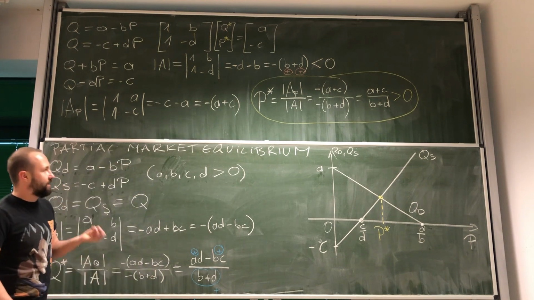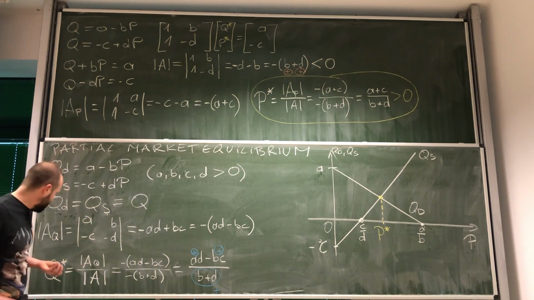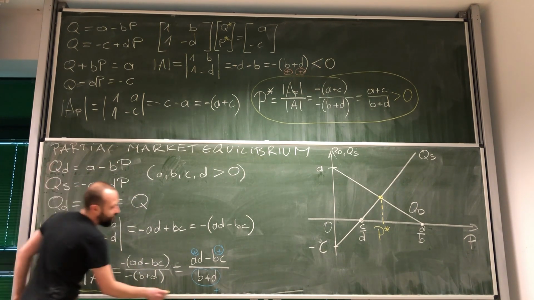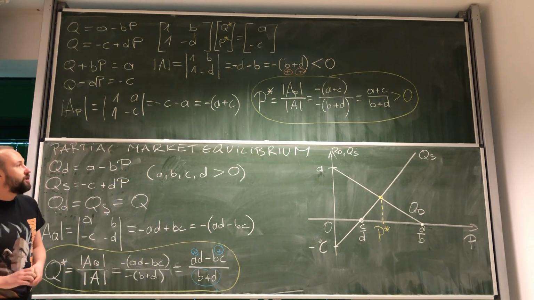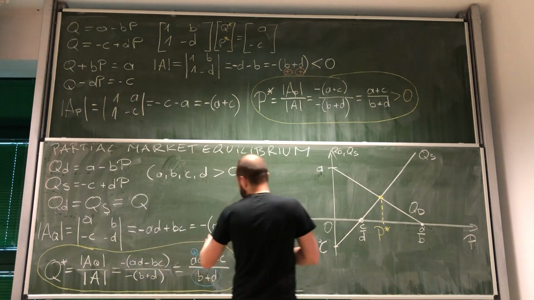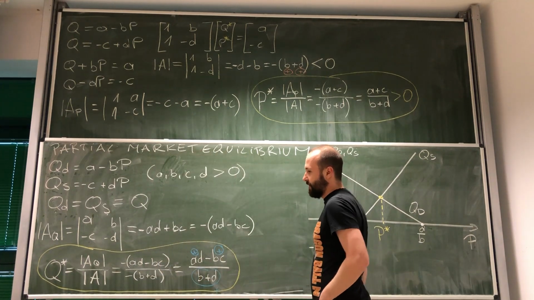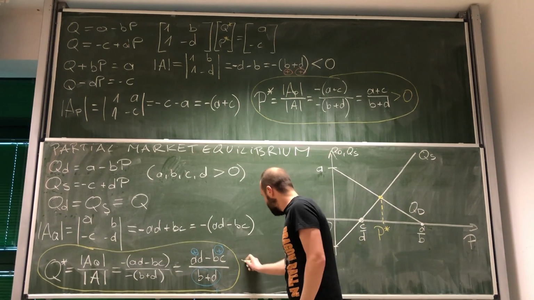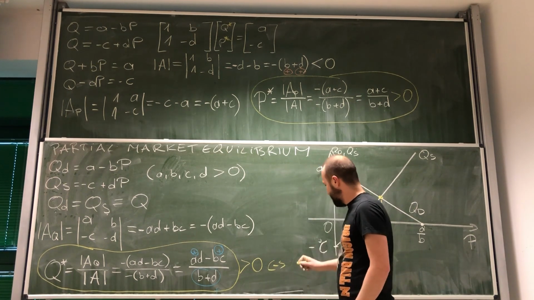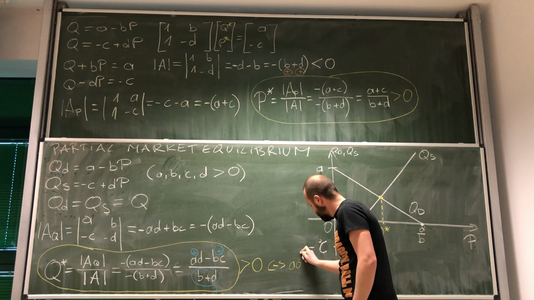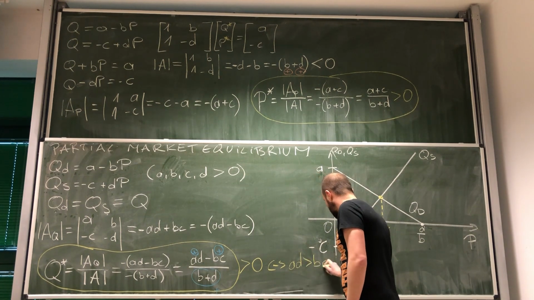To avoid this issue over here, to avoid the issue of this expression being negative, we need to add one additional simple assumption. And this assumption is that this is bigger than 0 if and only if AD is bigger than BC.